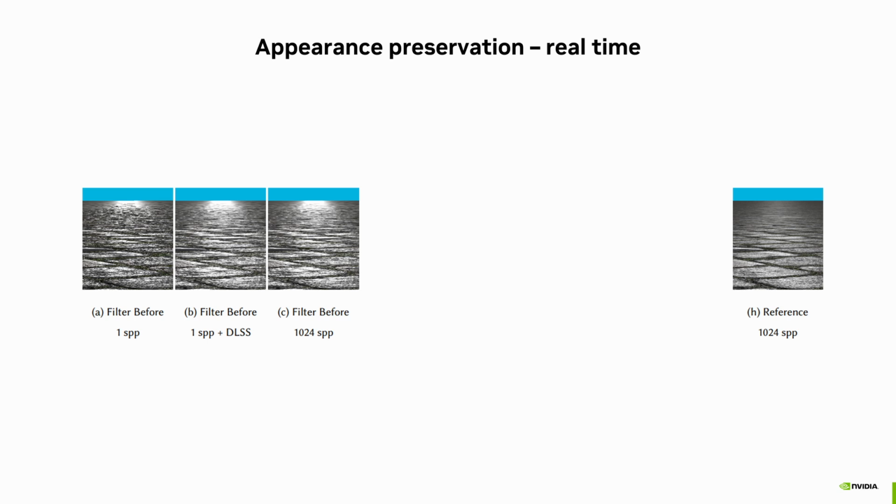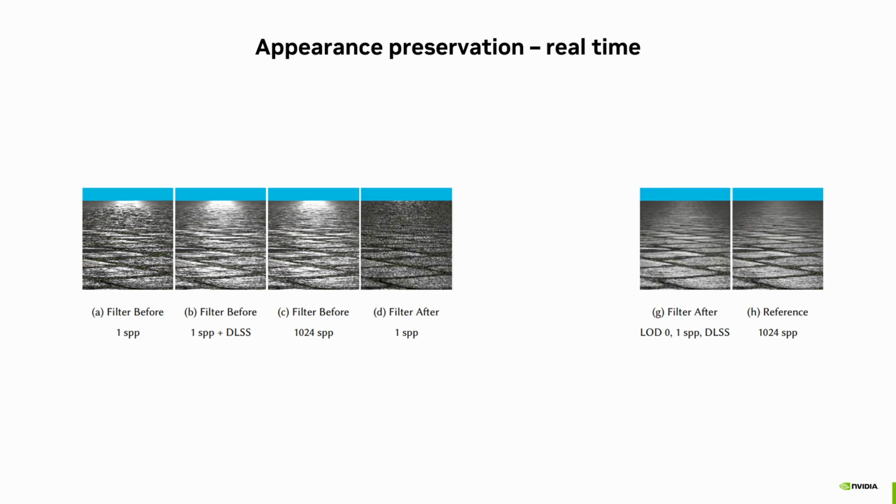We explain those configurations in the paper. No matter which configuration is used, filtering before shading introduces aliasing and changes the appearance dramatically and unacceptably. A single frame is very noisy with filtering after shading, but DLSS removes the noise almost completely, preserving the appearance.